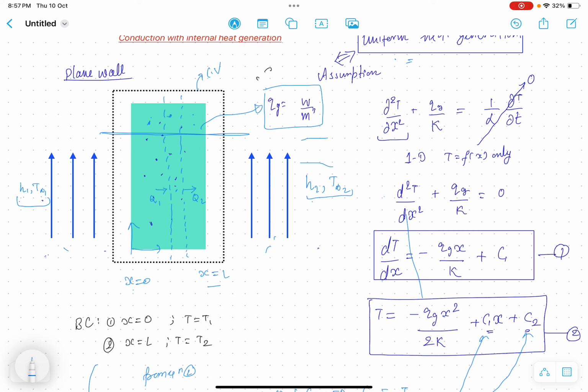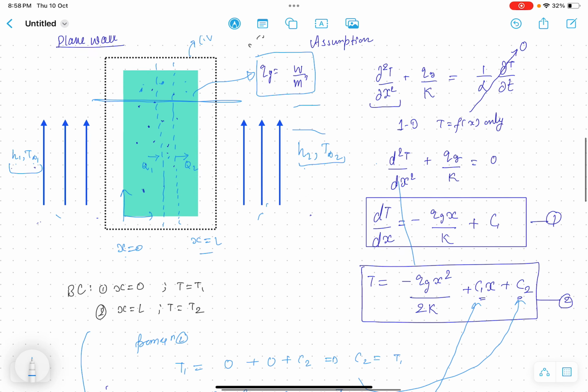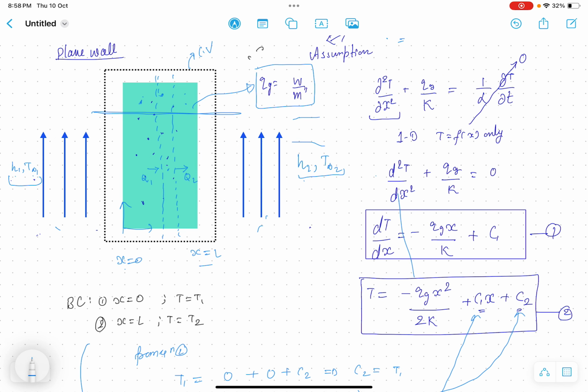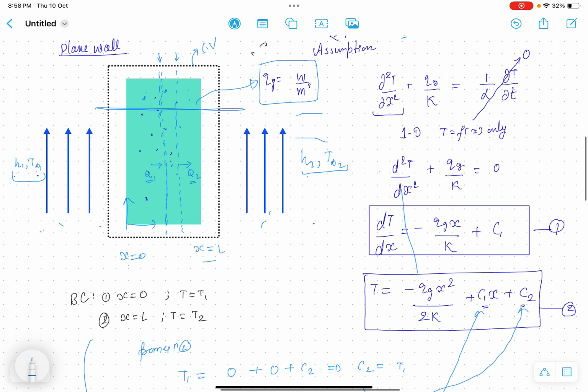So we cannot start from the Fourier law here, because if we consider between two sections, heat is not the same. Why? Let's see these two sections, like this section and this section. Let's say Q1 amount of heat is entering this section and Q2 amount of heat is leaving this section. Let's apply energy balance between these two sections.